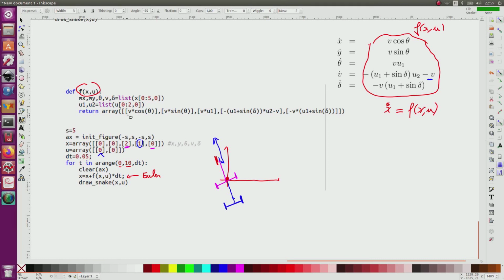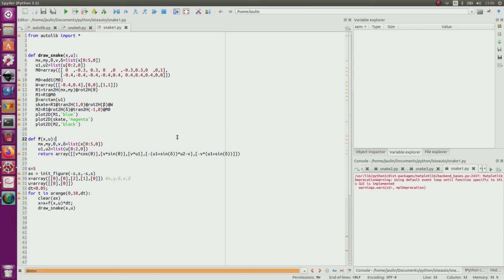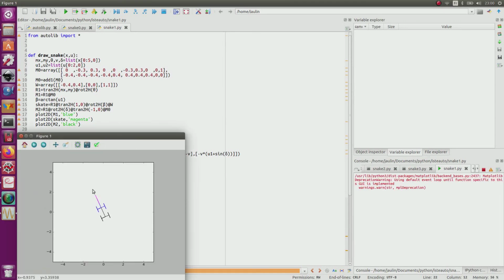So for instance, this one corresponds to this, and the last one corresponds to that. Okay. So if I run this program, I switch to Python, I run it, I can see I go straight, and I stop.